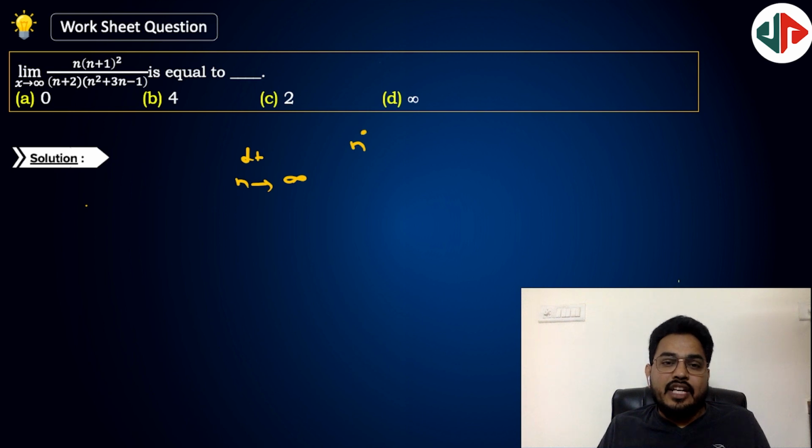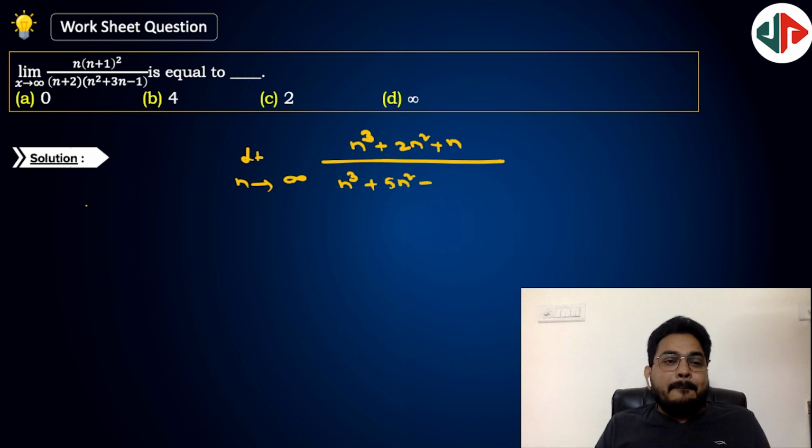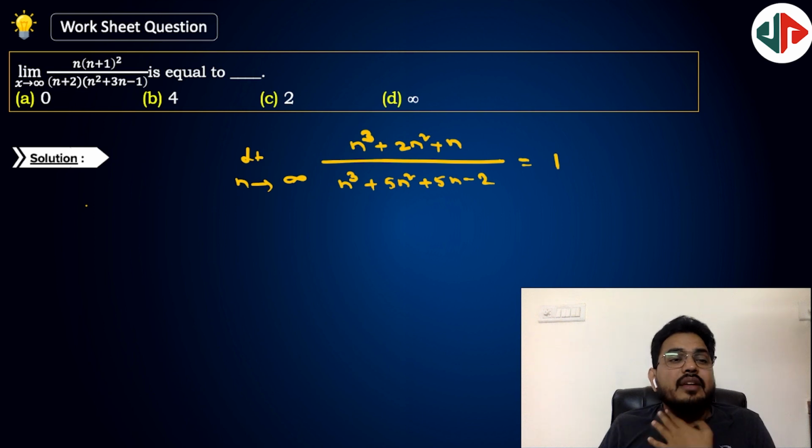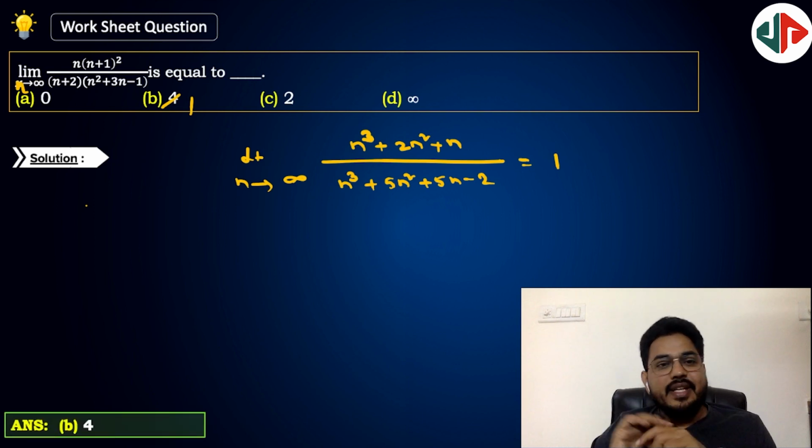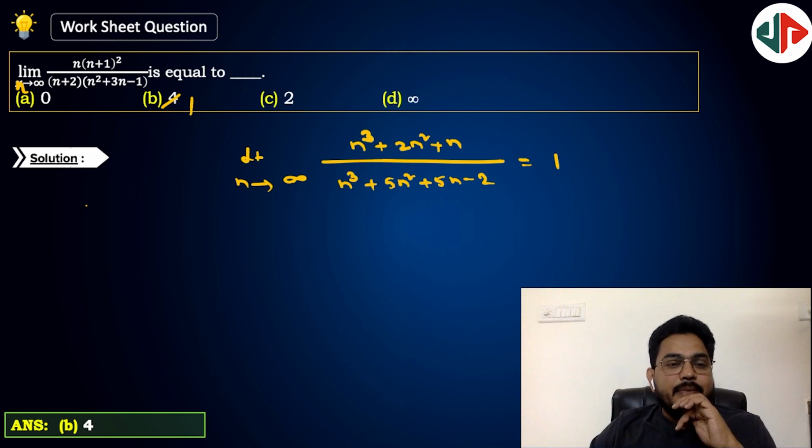So n cube plus 2n square plus n, and the denominator is n cube plus 2n square plus 3n square, 5n square plus 6n minus n plus 5n minus 2. So this value has to be 1. So no answer is possible here. There is no answer. And here case number 1 is n should be equal to 0. So the answer should be equal to 1. There is some printing error or some adjustment error must be there.